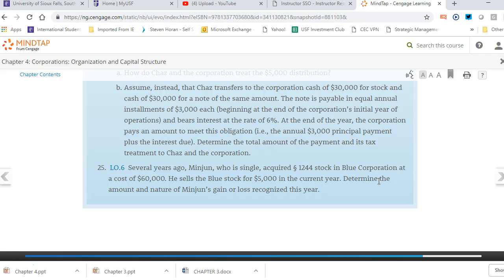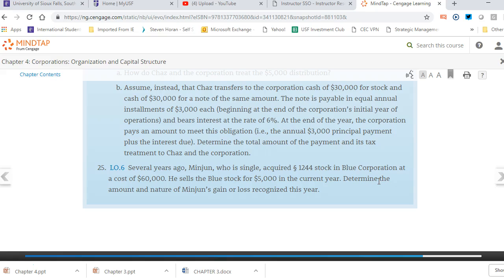Okay, and so if you think through the mental math here, Min Jun realized cash of $5,000. You subtract from that the basis of 60,000, you have a realized loss of 55,000. Right? Everybody can see that 5,000 minus 60,000 is negative 55,000.